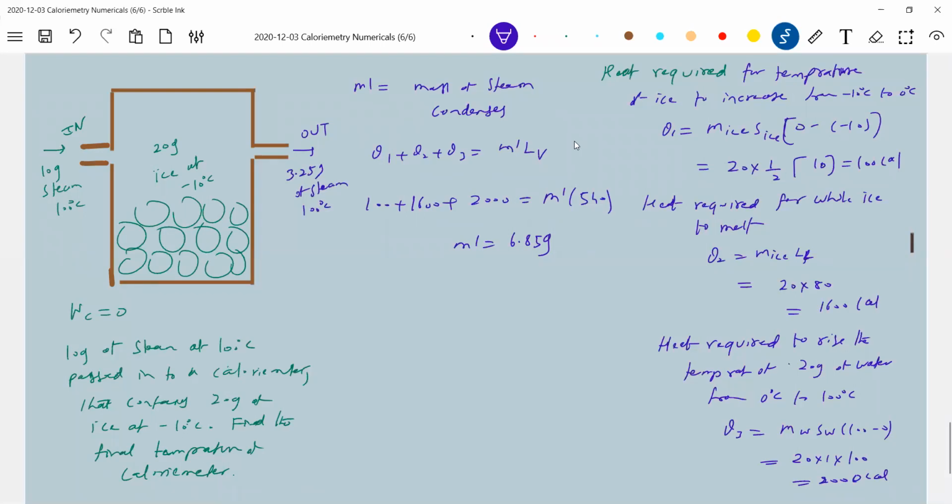3.15. 3.15 gram of steam, what will happen? It will leave the calorimeter. So what will be the final?